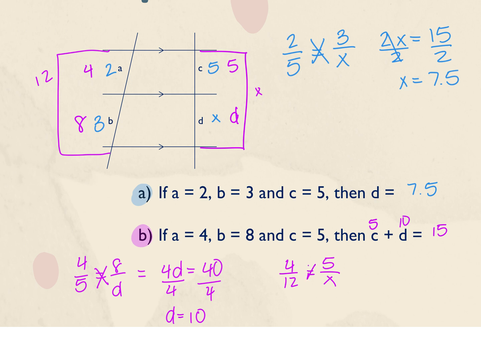So cross multiply, now I'm going to get 4x equals 60, divide by 4. X is going to give me 15. So I could just solve automatically for 15 instead of skipping that whole adding side, but it's really not that much work. You're just adding. We should know how to add.